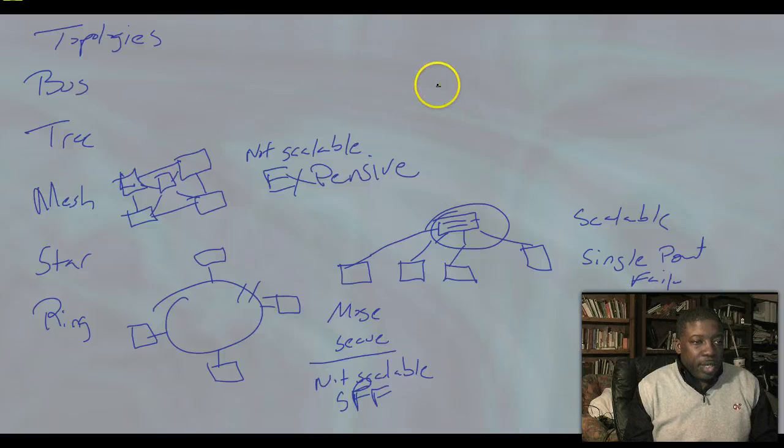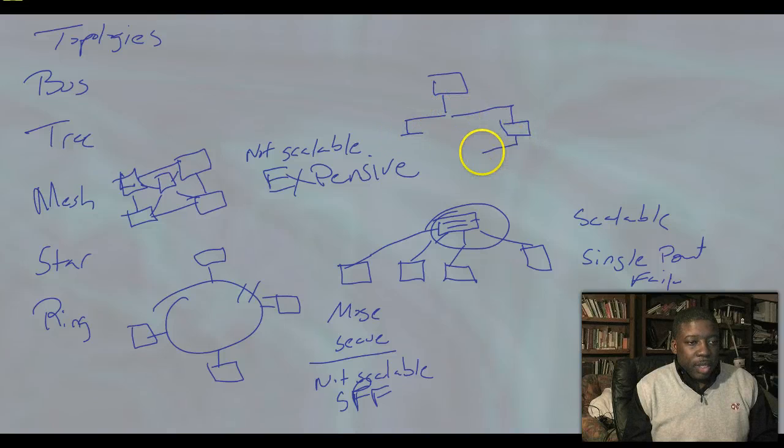All right, so tree. This is a tree. You have something like this, something like that. This is scalable. But if something happens here, this side of the network goes down, but you still have information here. So that's good.